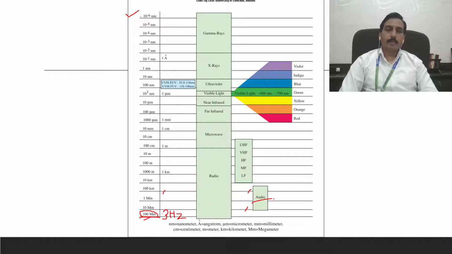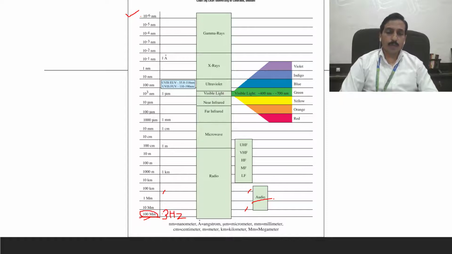If we are considering our human system, then humans speak into this band or humans listen to this band, the audio band. Humans can speak in this band. And if you are considering musical instruments playing, which you can listen to, up to 20 kilohertz of the frequency is given to that band.